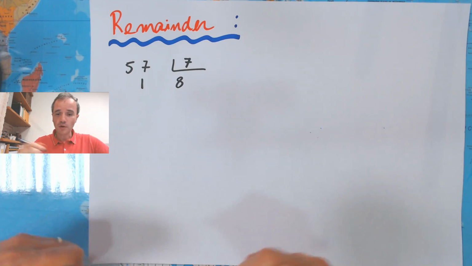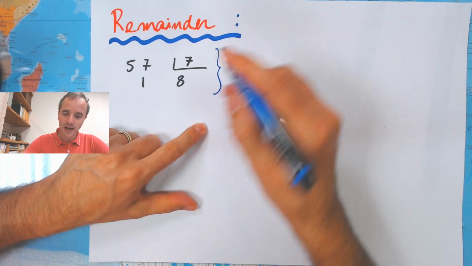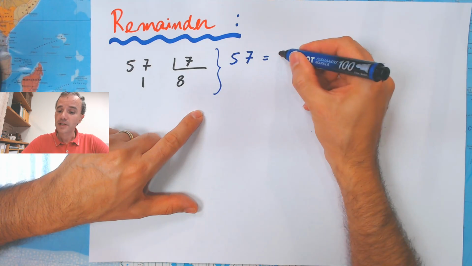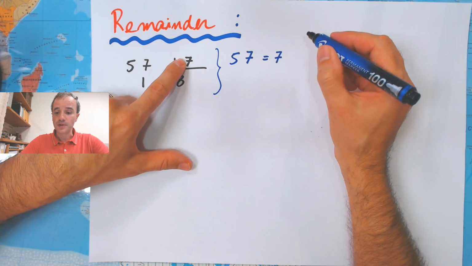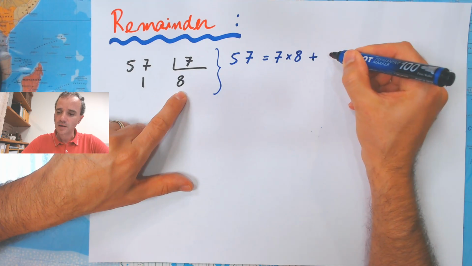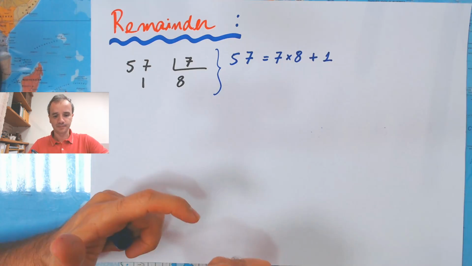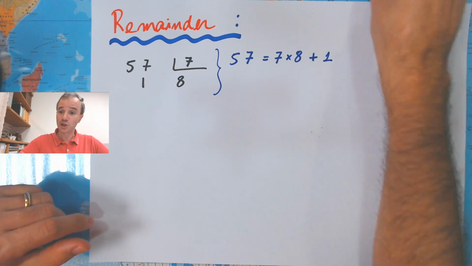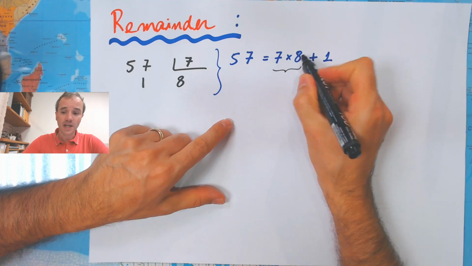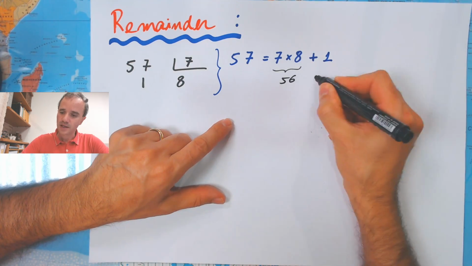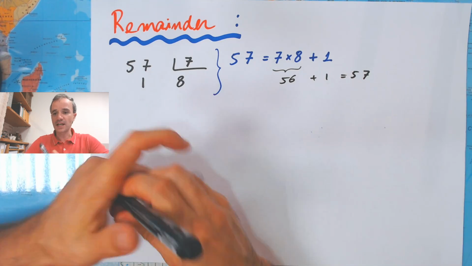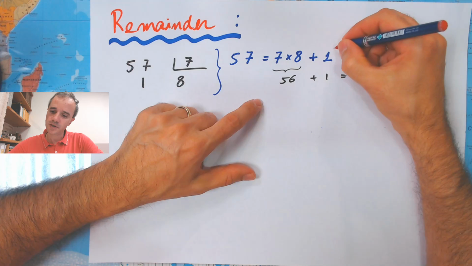I'm going to get more complicated, but let's start simple. Let's check. 57 must be equal to the divisor multiplied by the quotient plus the remainder, which is 1. Let's check if it's correct. 7 times 8 is 56, and 56 plus 1 is 57. Good, as expected.